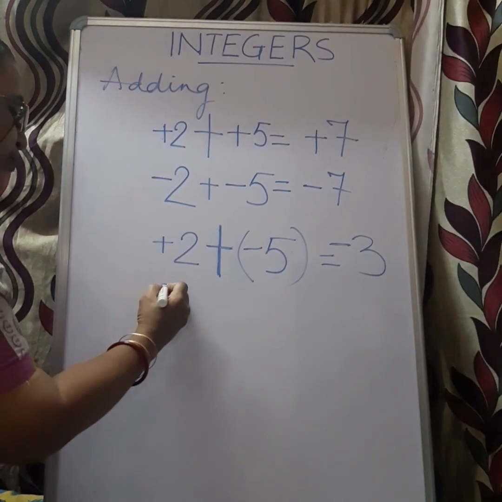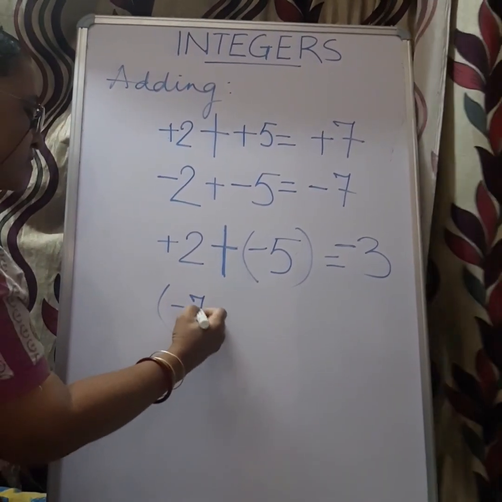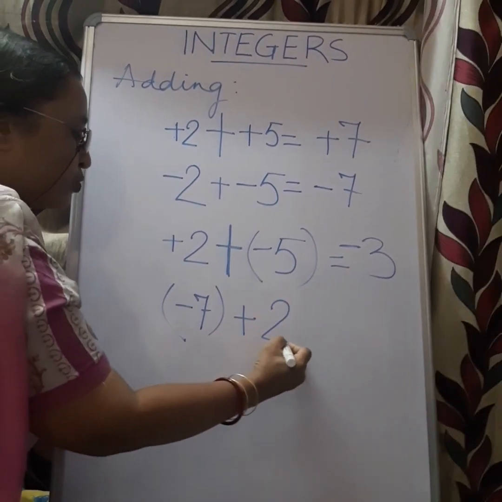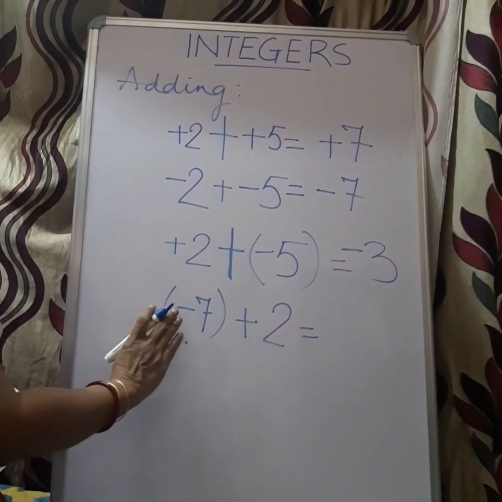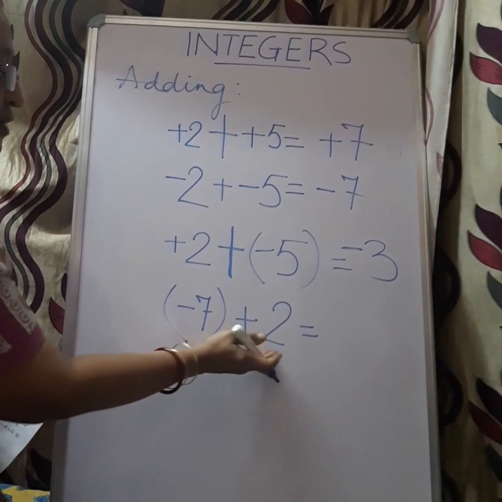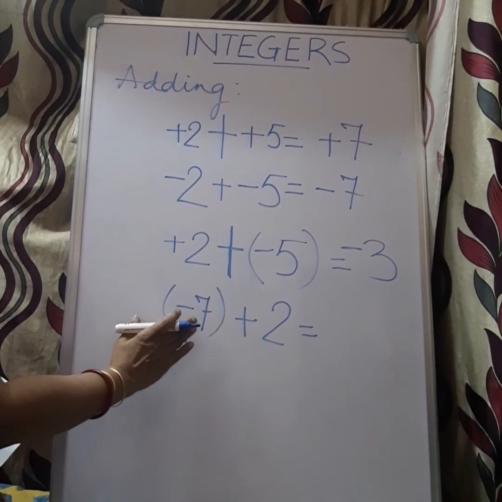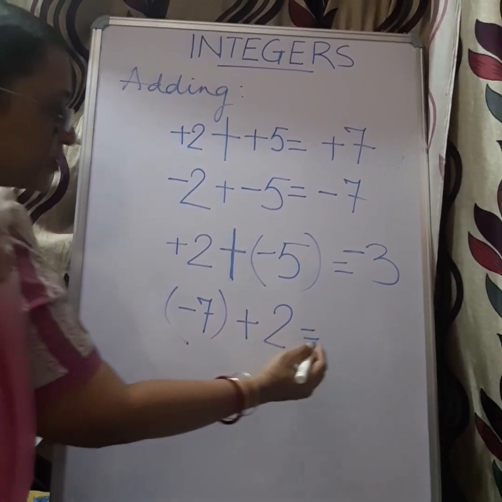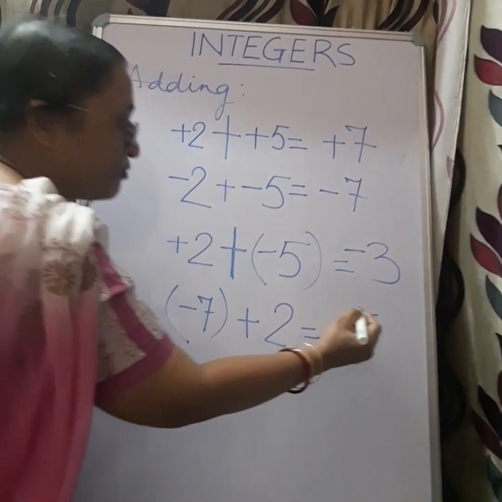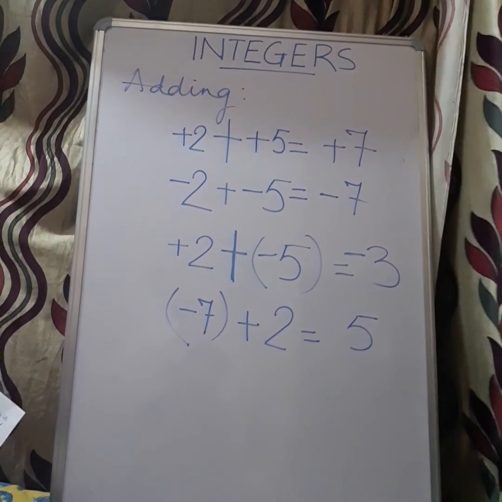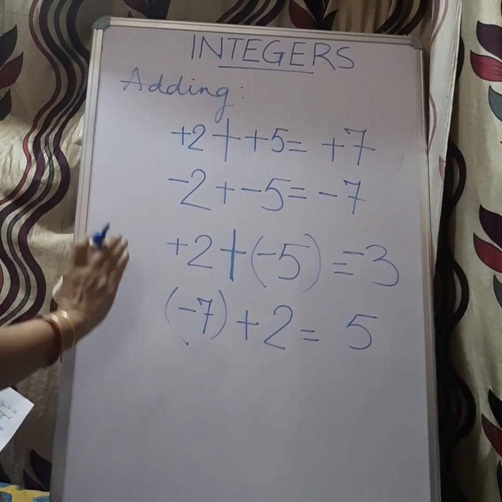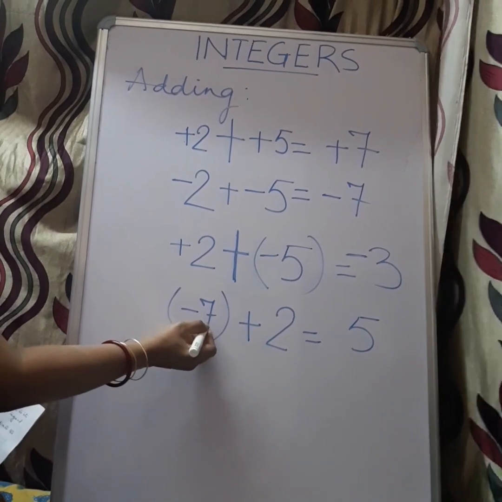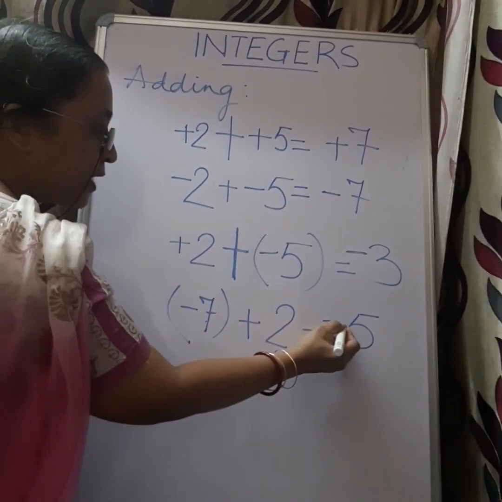Even if we put here minus 7 plus 2, again we subtract, we find the difference of the absolute values. 7 minus 2 is 5, and then we put the sign of the greater number, that is 7, it is minus.